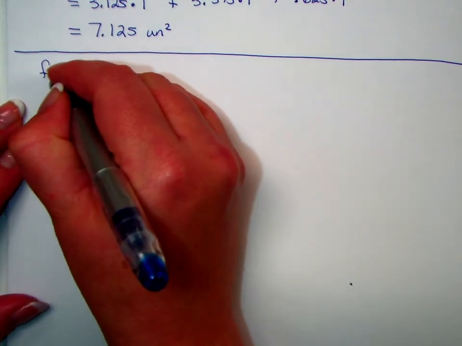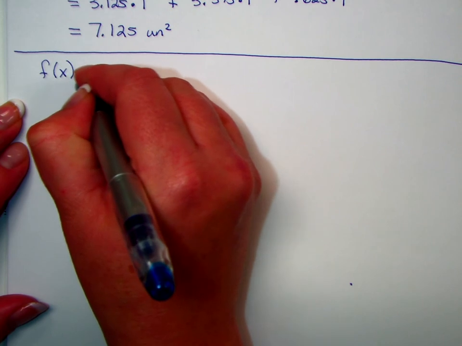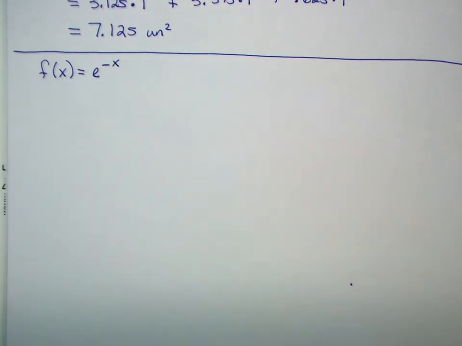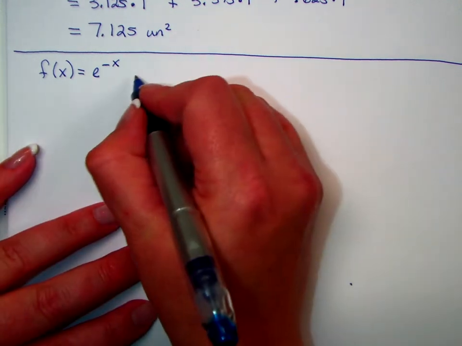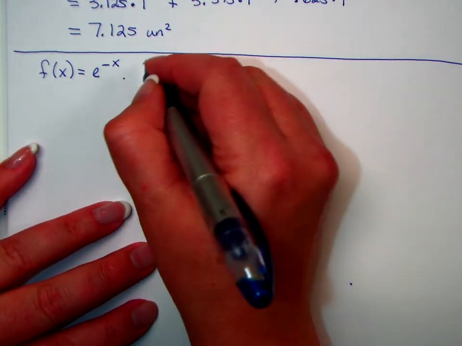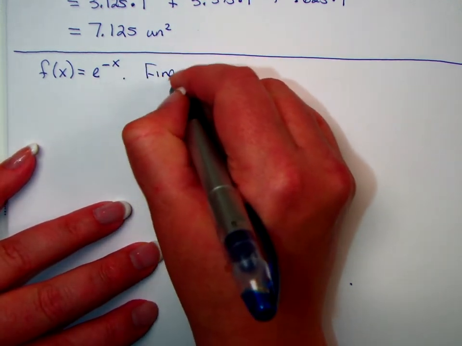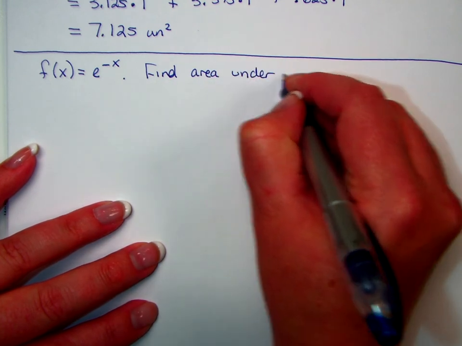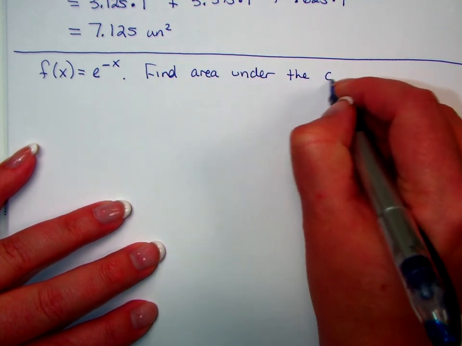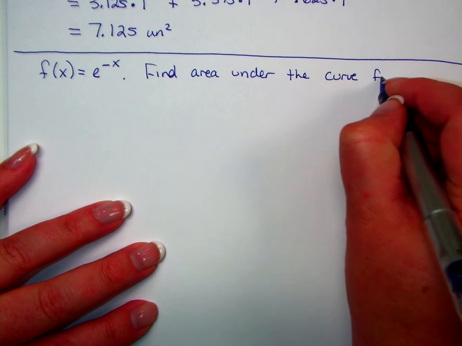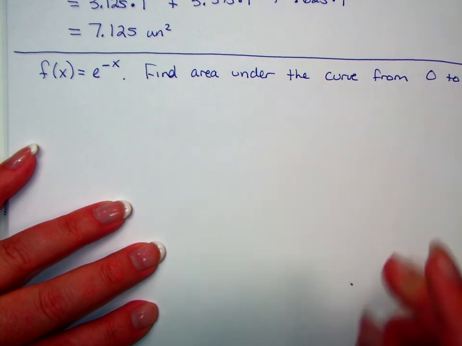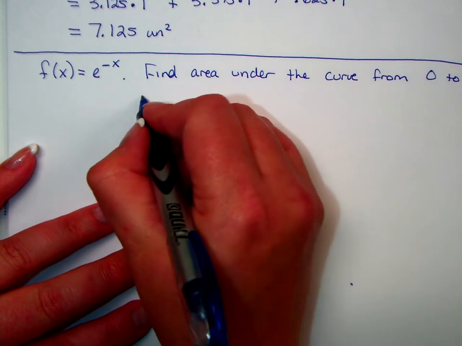All right, new function. E to the negative x. Find the area under the curve from 0 to 2 using 4 partitions.